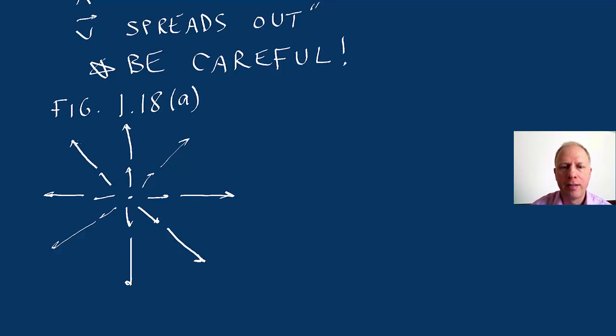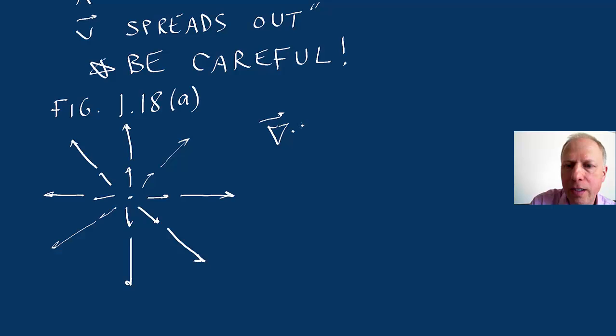It looks like the vectors are diverging. It looks like V is spreading out. But just by looking at the directions of the vector V at different points, you cannot tell whether the divergence is positive or negative or zero.